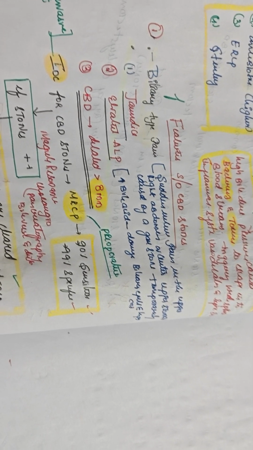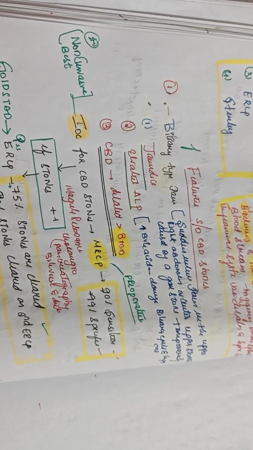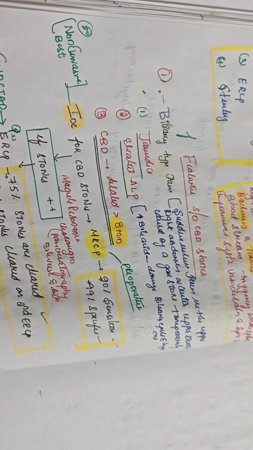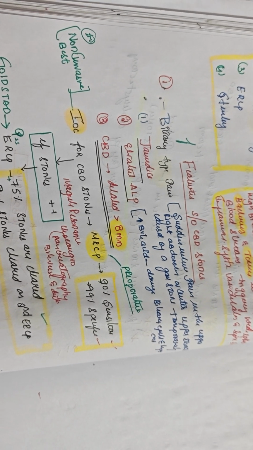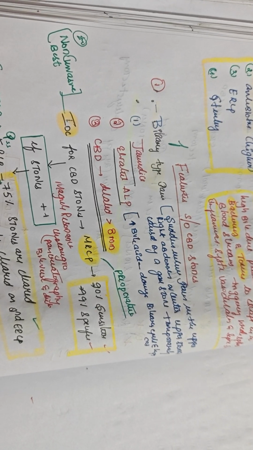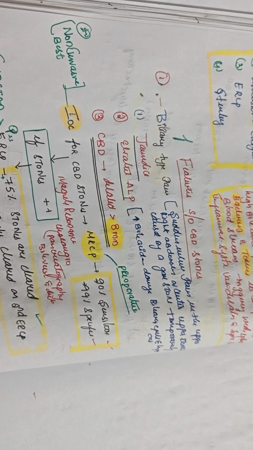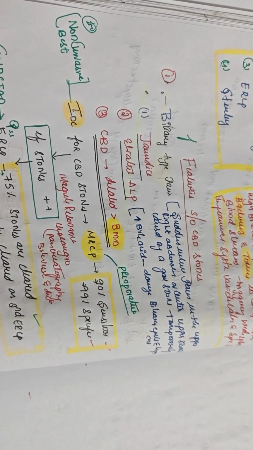But I want to look into whether there are any features of common bile duct stones. Because you do a cholecystectomy because the stones are present in the gallbladder. Now, what is the use? You do a cholecystectomy, but the stone is still present in the CBD. Now, what are the features suggestive of CBD stone?